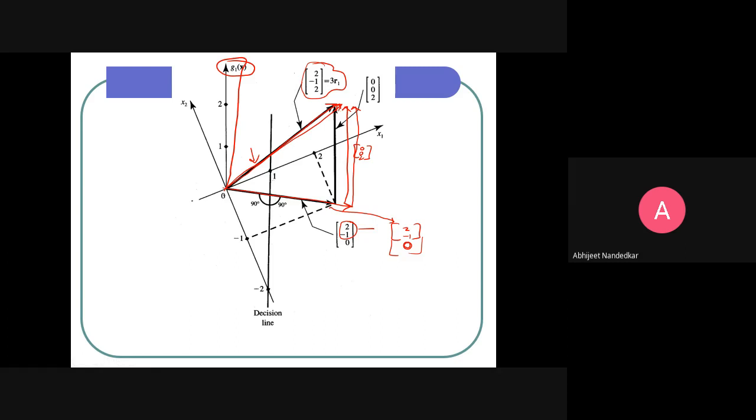Similarly, I can lift the other vector and I can get another lifted vector like this. Okay, which will be -2, +1 and 2, because I am lifting it by the same amount.